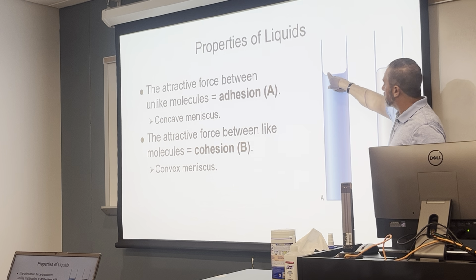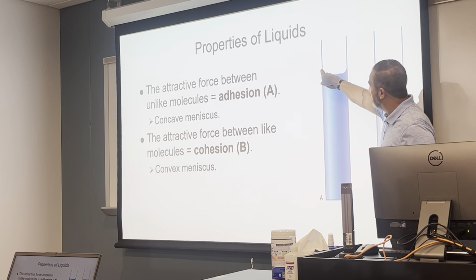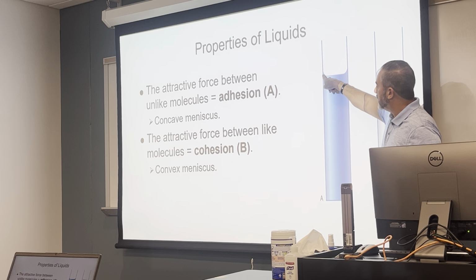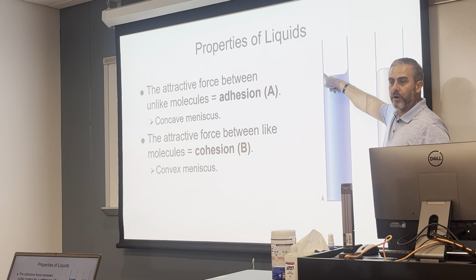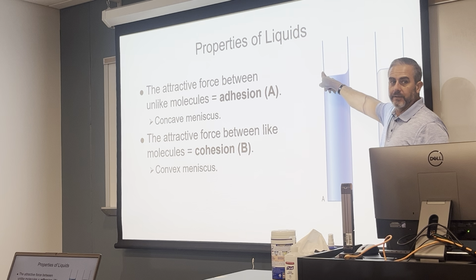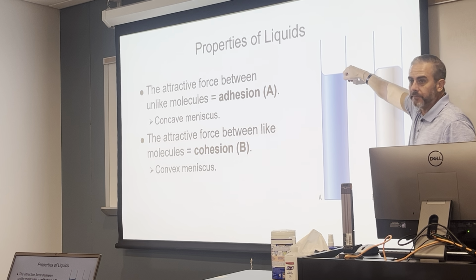At the surface, you see this concave shape appearance. It's not flat across, it's concave, because there's an attraction at the surface between the molecules in the water wanting to hug the walls of this tube.